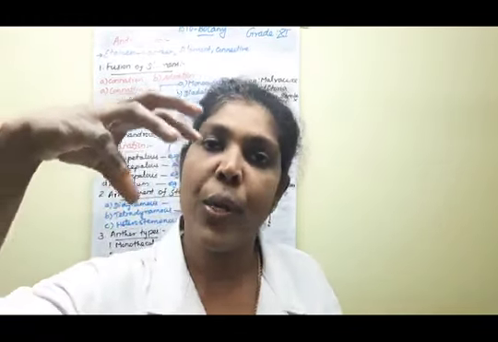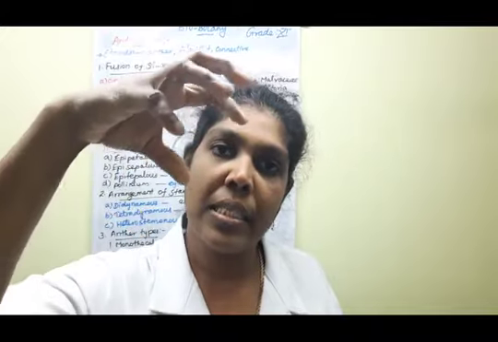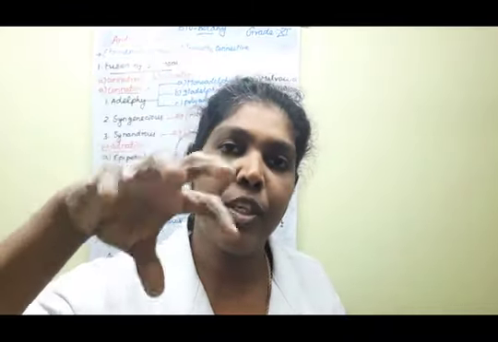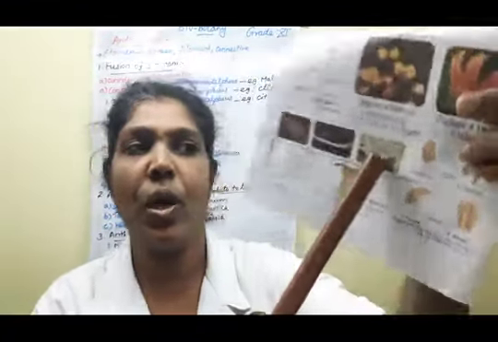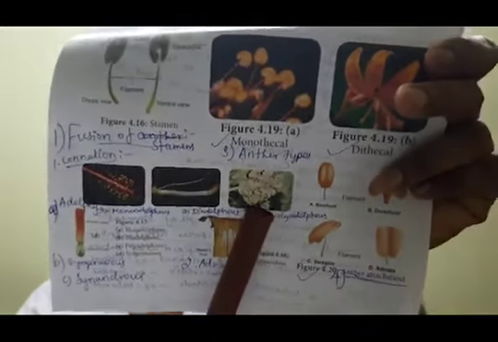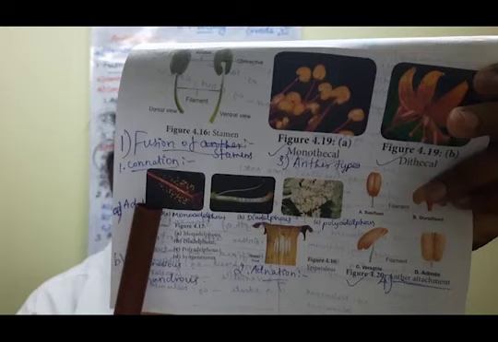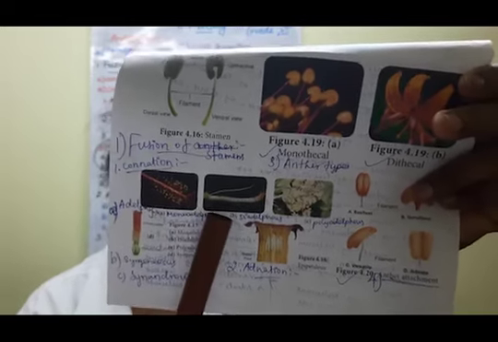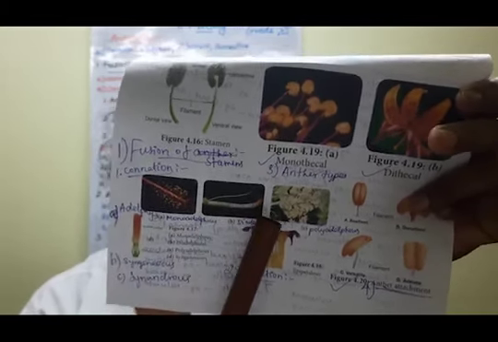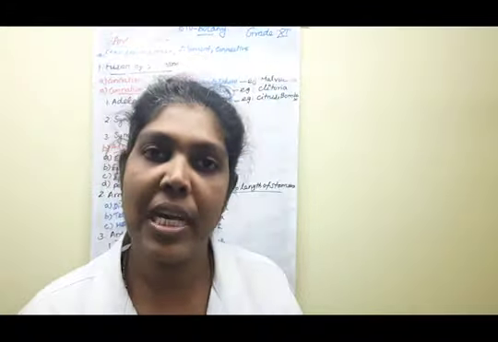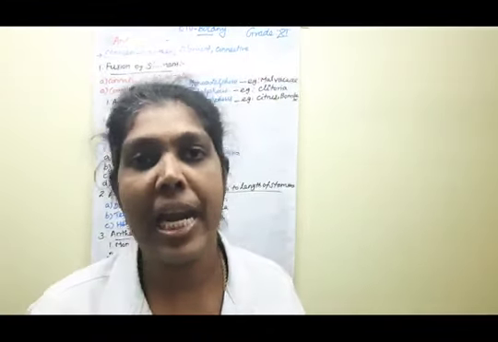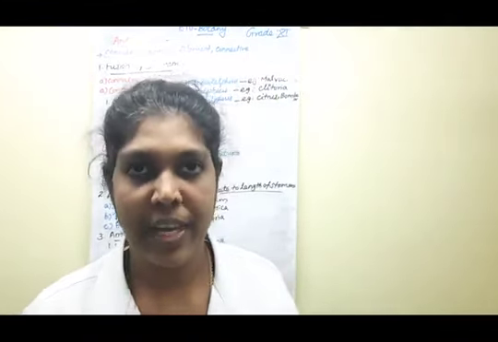The filaments are united to form many bundles of stamens, children. That is known as polyadelphous. Clear? So the first one is monadelphous, the second condition is diadelphous, and the third condition is, what is that children? Very good, polyadelphous conditions. Clear?